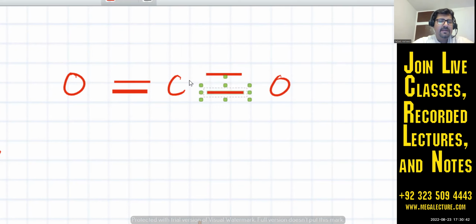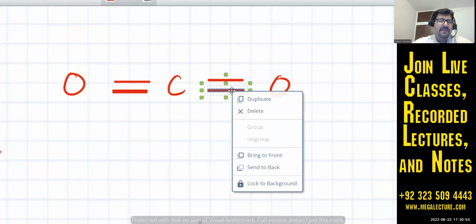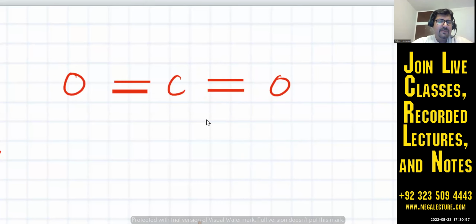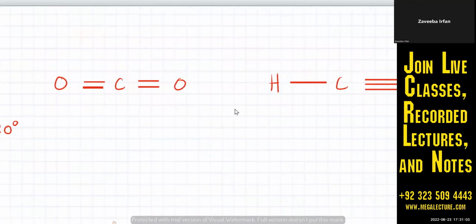The idea is clear? Because the bond is between the two atoms. We'll discuss how double bonds are actually formed later on. At least the electrons are still together. Even if they are repelling each other, they might be slightly far apart, but they will be together. Is that clear? You group it as one.